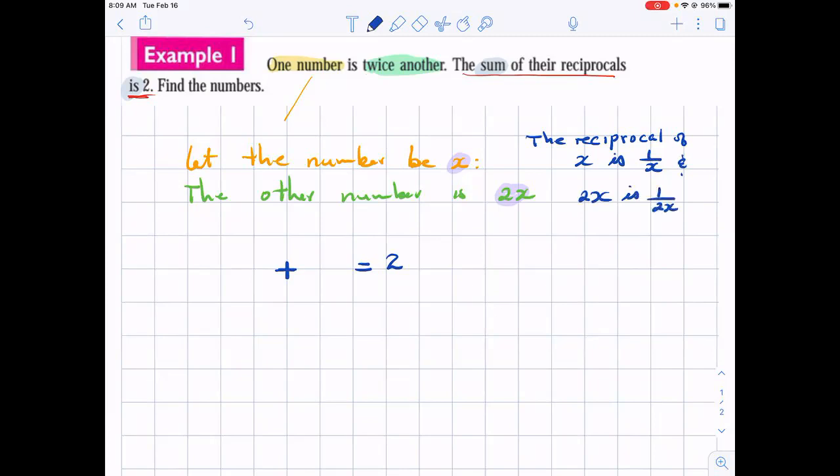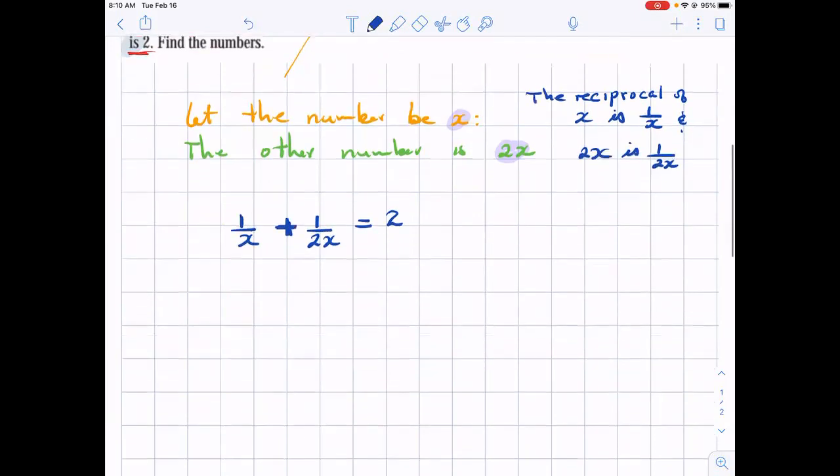Reciprocal just means a 1 goes in the numerator, or you flip the fraction. So x will be x over 1. If you flip that, you get 1 over x. So the sum of the reciprocals, 1 over x plus 1 over 2x, is 2. Okay, so that is equal to 2.